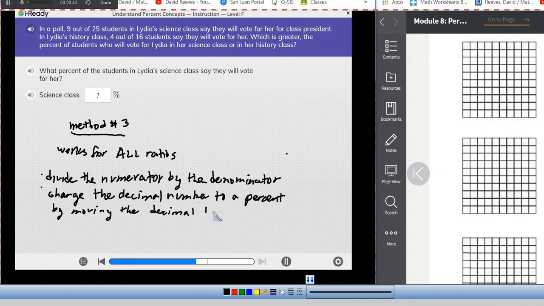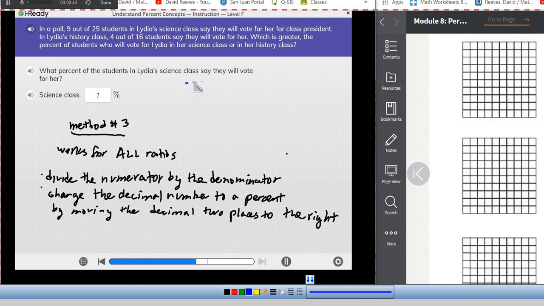Okay. So for example, we can do this with both of those classes.